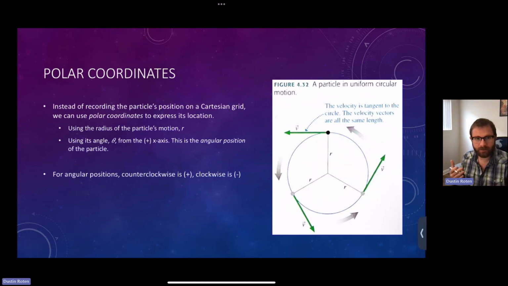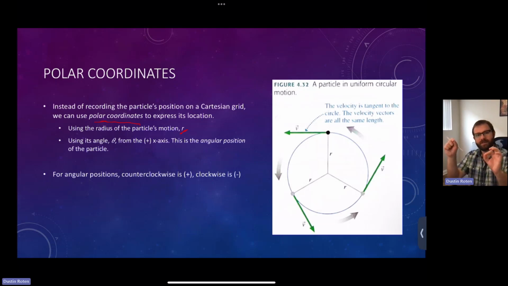For those of you that are in Calc 3, I don't know if you've talked about it yet, but you'll eventually start doing calculus in polar coordinates in Calc 3. So the idea here is instead of recording the particle's position on a Cartesian grid, we're going to use polar coordinates. So we're going to replace the x and the y with essentially how far away the particle is from the center of its circular motion.